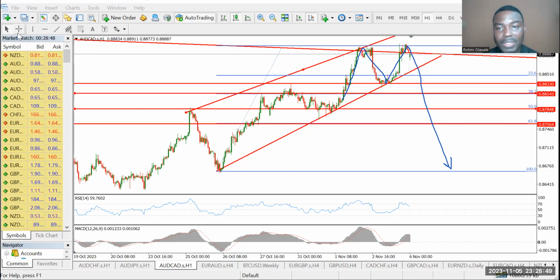So price could actually drop about 13 pips, 41 pips, to about 70 pips thereabouts. So we'll have price touch 0.88143, 0.87848, and 0.87564 on AUD CAD. So I equally hold the bearish view on AUD CAD, just like I hold the bearish view on AUD/CHF and AUD/JPY.